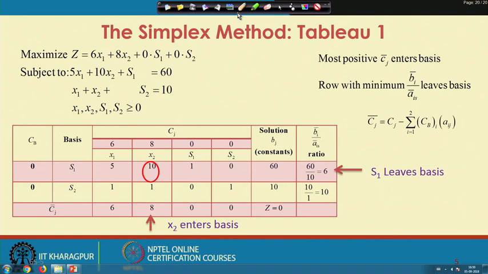So, look at here, this CB means cost coefficients for the basic variables, and here are the basic variables or bases. So, this is Cj, the cost coefficients for all x1, x2, S1 and S2.